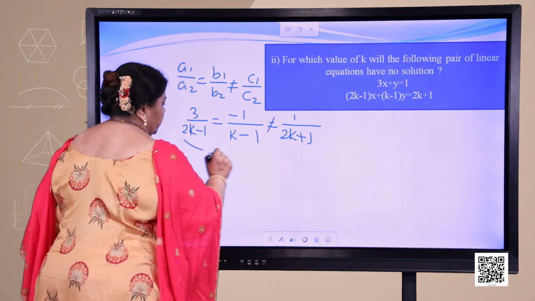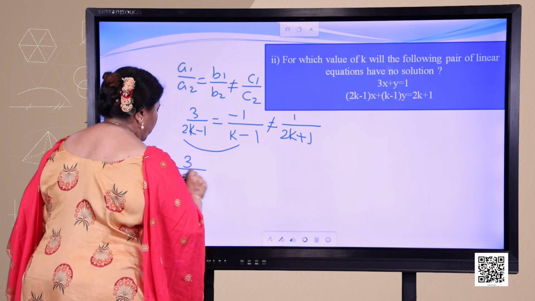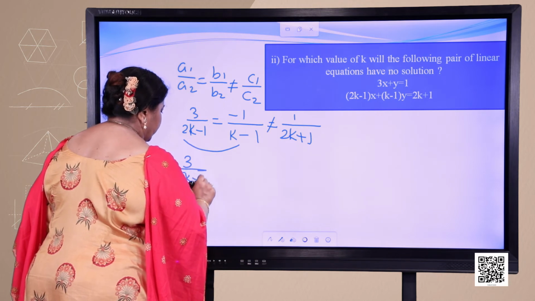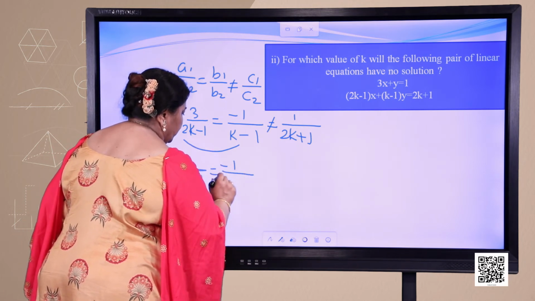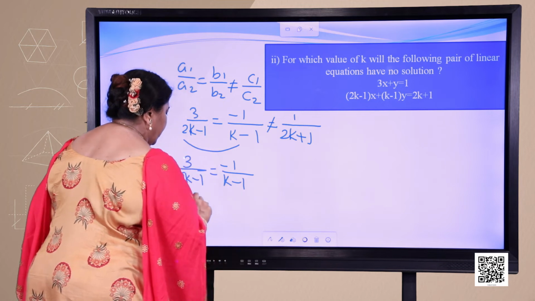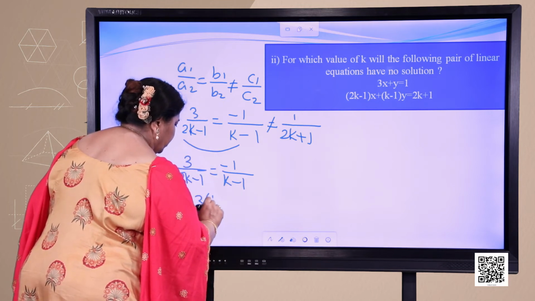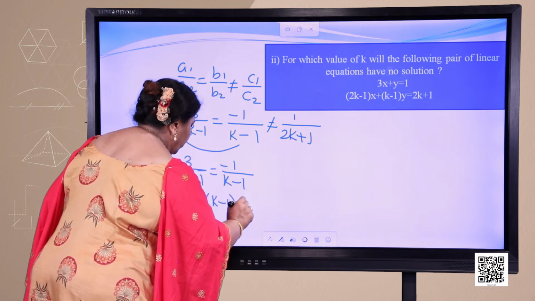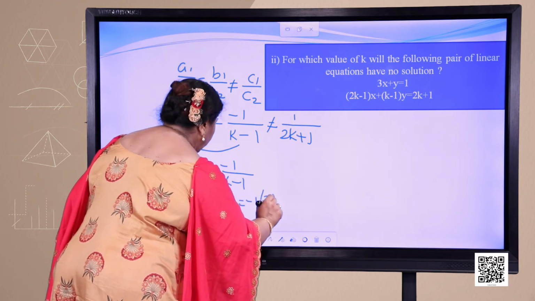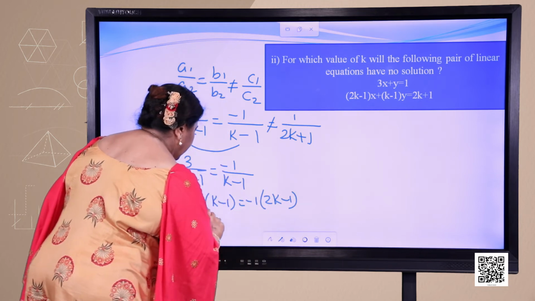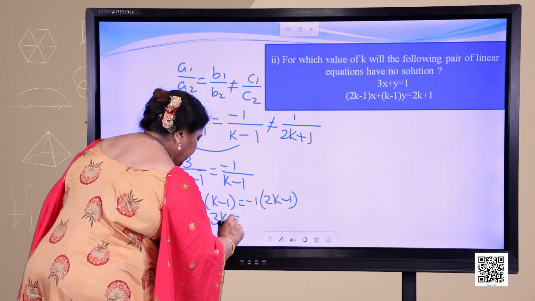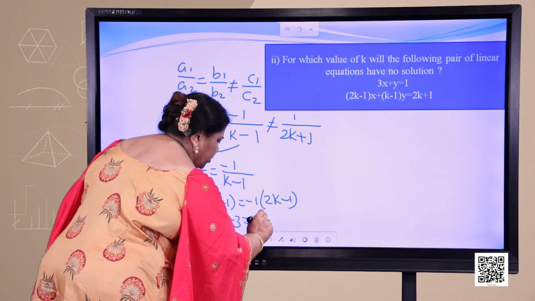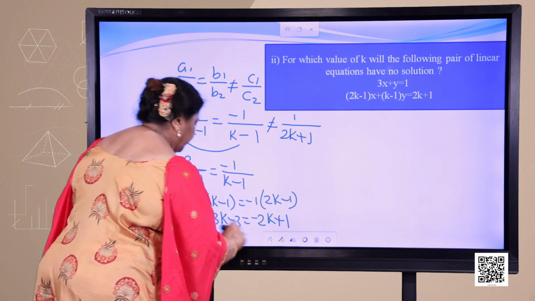So, if we solve these two, 3 upon 2k minus 1 is equal to minus 1 upon k minus 1. On cross multiplication, 3 into k minus 1 is equal to minus 1 into 2k minus 1. That gives me 3k minus 3 is equal to minus 2k plus 1.